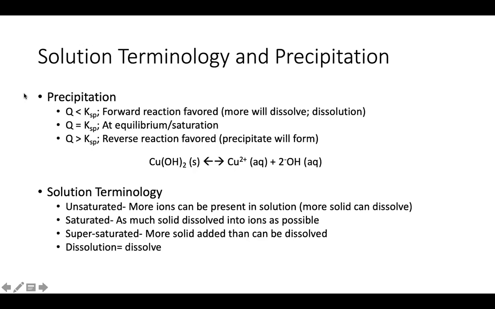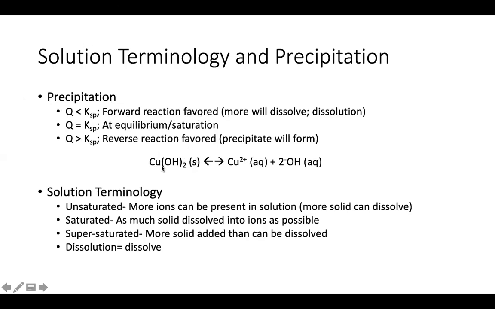Just to talk about precipitation, right? If we don't know if we're at equilibrium, we're technically going to plug in values for Q. We're going to talk about this more on the next slide with selective precipitation. But when Q is less than our K, or our Ksp in this chapter, that means the forward reaction is favored.